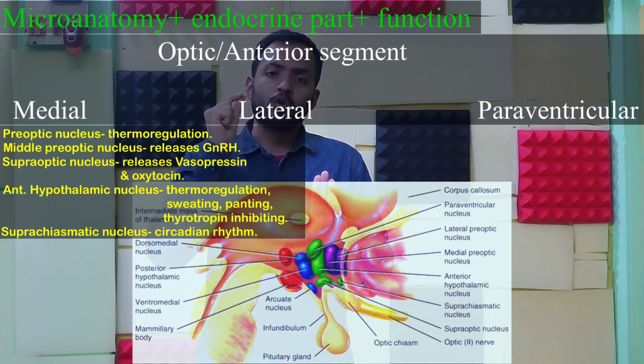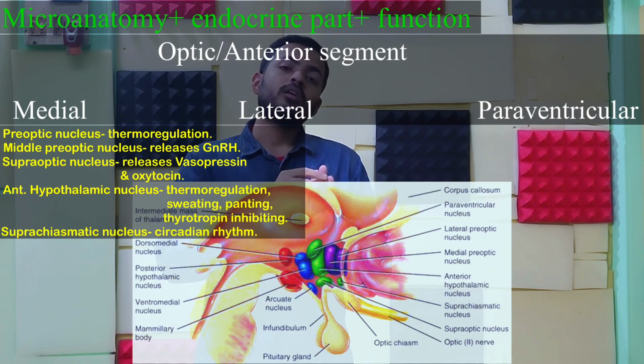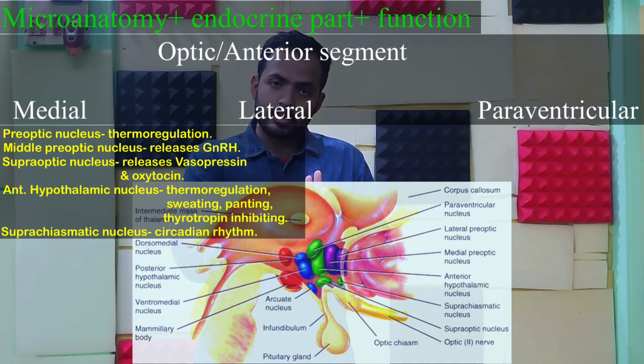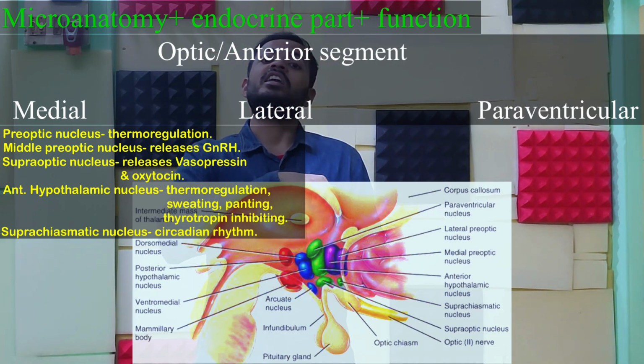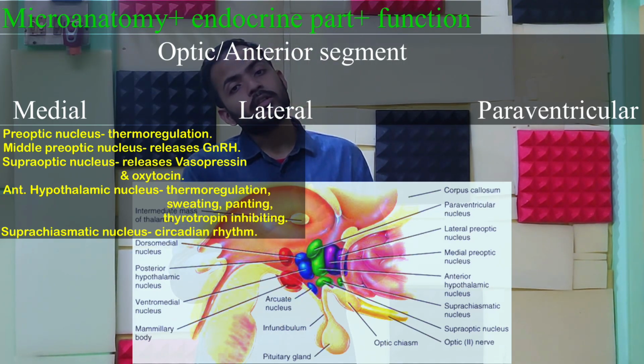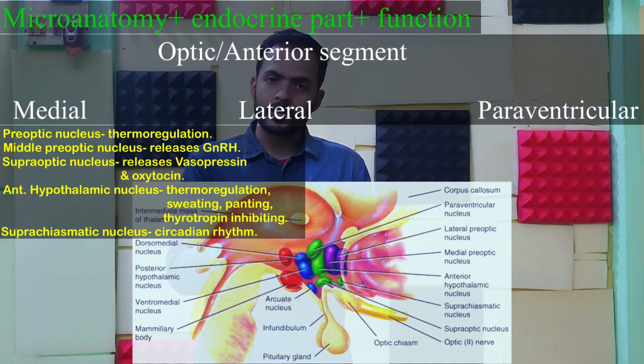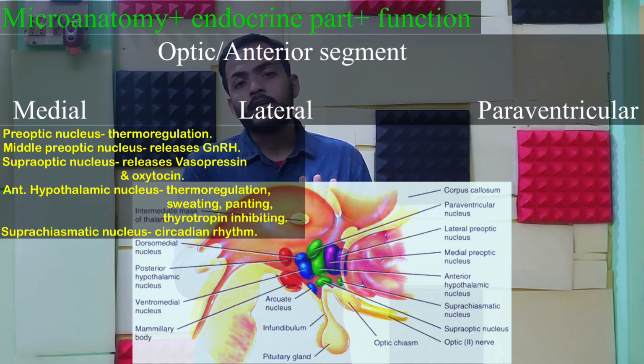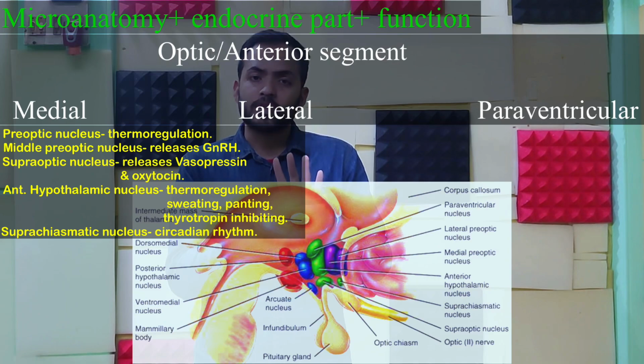And this point always comes in the exam, that the supraoptic nucleus of the anterior segment, or the optic segment, of the hypothalamus releases vasopressin and oxytocin. Fourth, you will get the anterior hypothalamic nucleus.